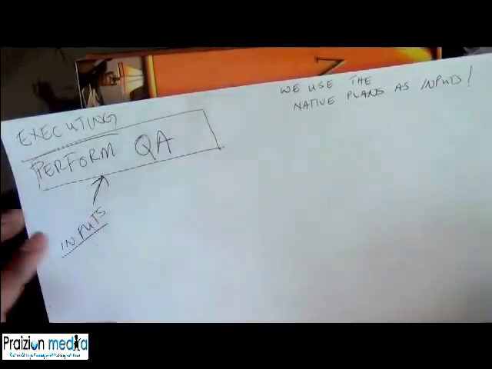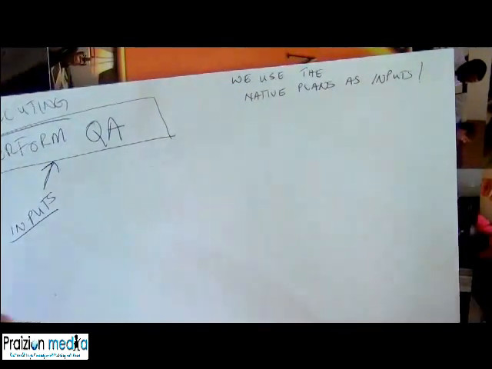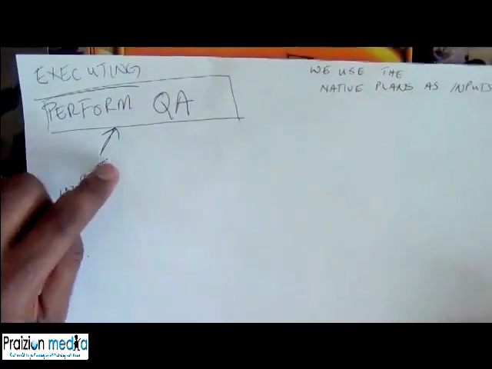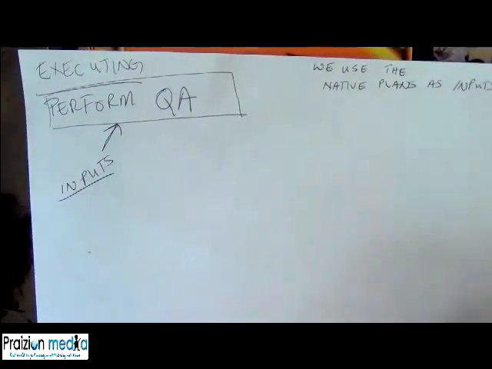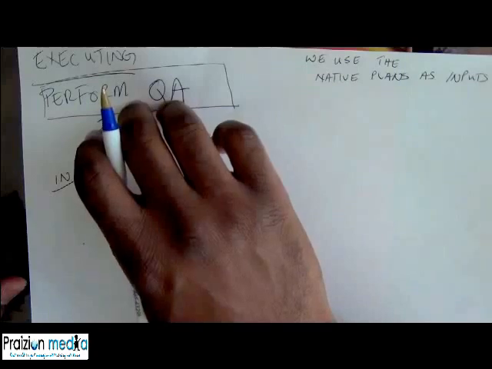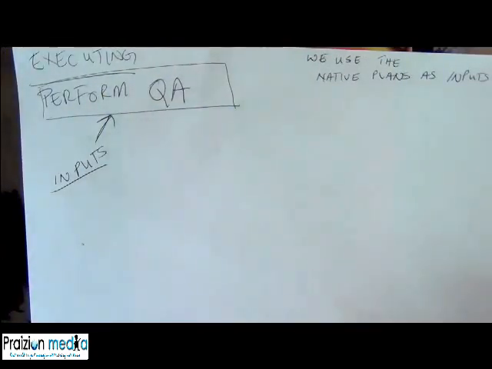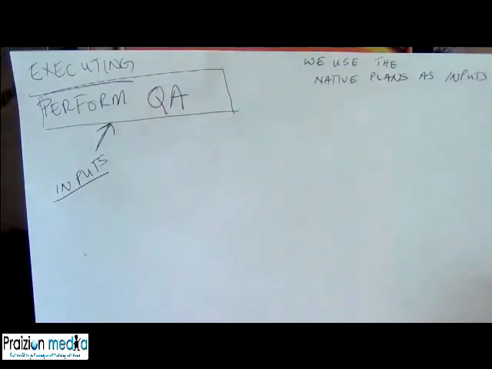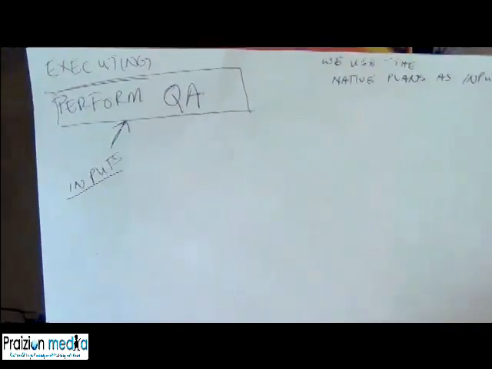What do I mean by we use the native plans as inputs? Exactly what it sounds like. For Perform Quality Assurance, you don't use the project management plan as an input to this. You don't use any plan other than its native plan from quality, which is the quality management plan.